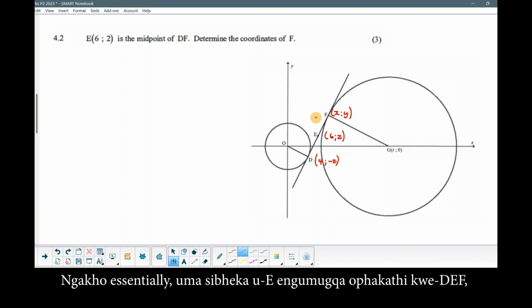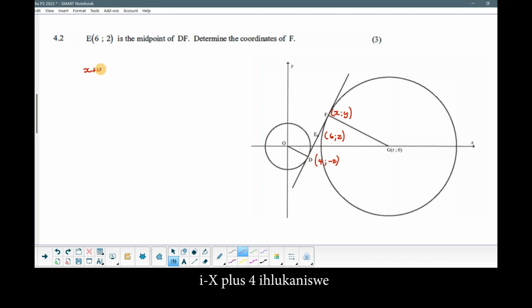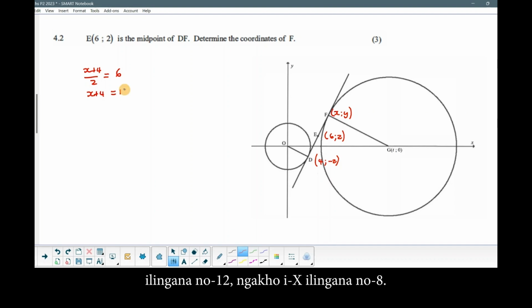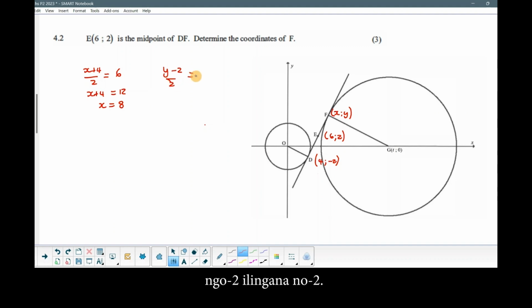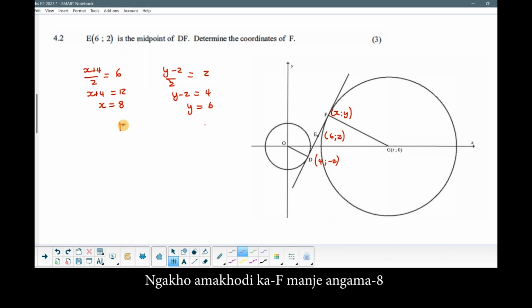So (x plus 4) divided by 2 is equal to 6. That means x plus 4 is equal to 12, so x is equal to 8. Similarly, (y minus 2) divided by 2 is equal to 2. So y minus 2 is equal to 4, so y is equal to 6. So the coordinates of F are now (8, 6).